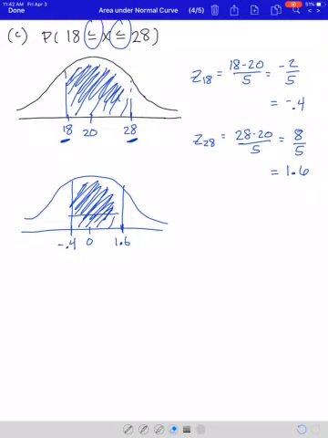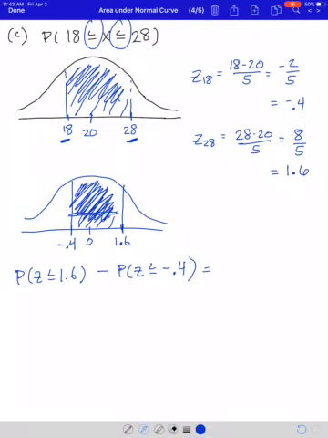So as a formula, it would look like this. Probability that z is less than or equal to 1.6, that gives us this entire area to the left, minus the probability that z is less than or equal to negative 0.4, right? And what that does is it basically subtracts this area to the left of negative 0.4, and that's going to leave us with the area that we want in the middle.